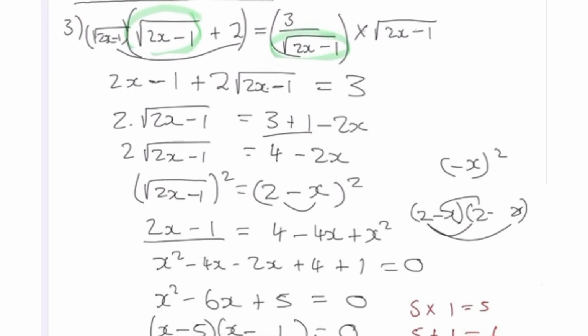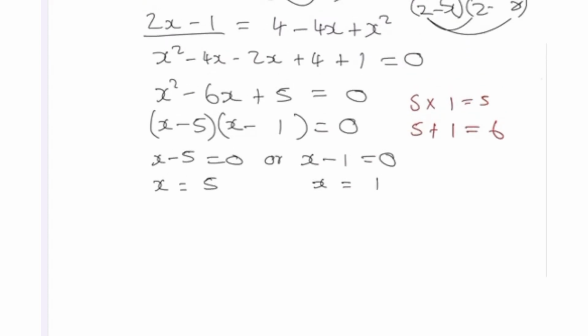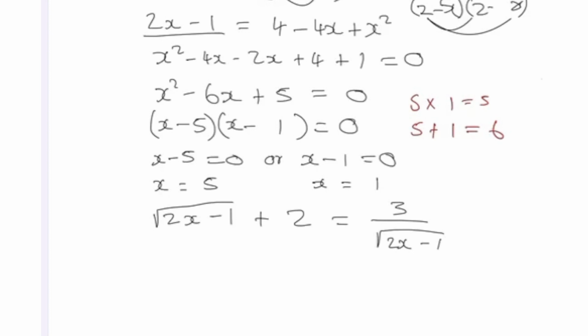Our initial problem was saying the square root of 2x minus 1 plus 2 should give you 3 over the very same square root of 2x minus 1. Let's use 5 to test.